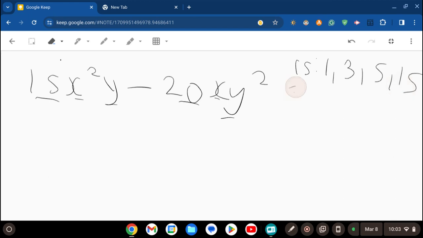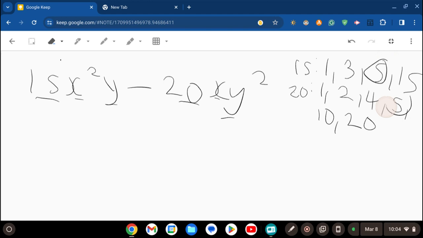The factors of 20 would be 1, 2, 4, 5, 10, and 20. So now we can take out the highest common factor between 15 and 20, which would be 5. So we can factor out a 5.